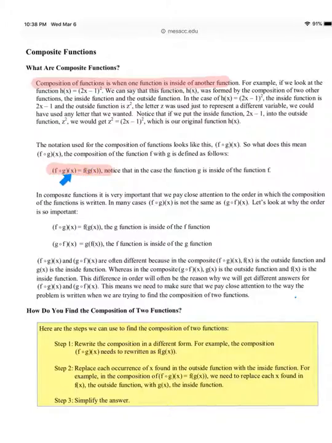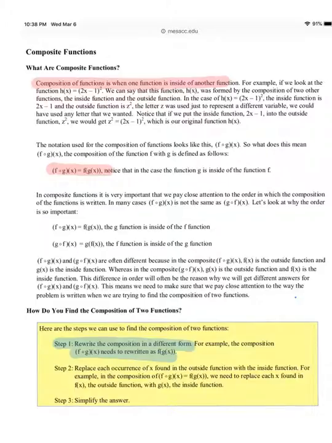At the bottom of this page, it gives you a little bit of notes. The first thing is to rewrite it in a different form. For example, the composition needs to be rewritten as that.